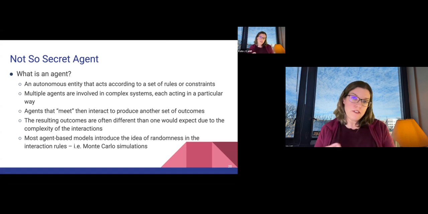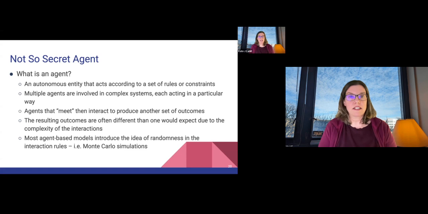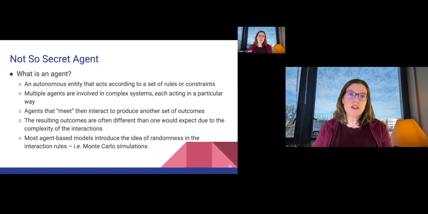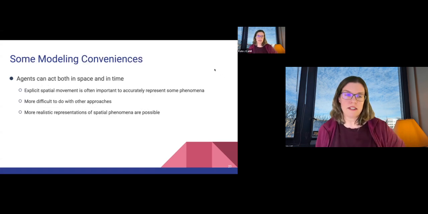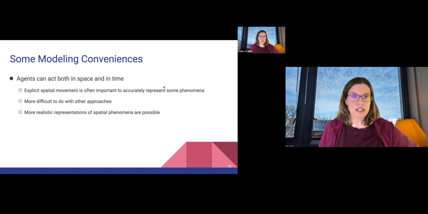And so you can define multiple agents in a given model and then allow them to interact and see the outcomes. And with agent modeling, you can also add randomness into the interactions. And so the randomness of any system can be included in an agent model, without too much complexity, as far as coding and computational complexity.